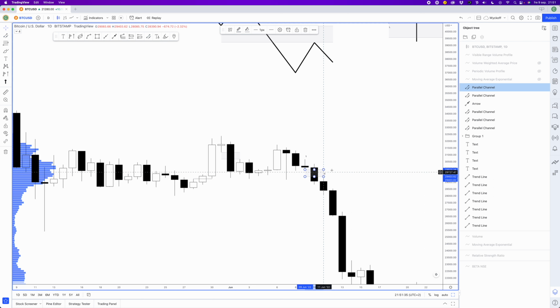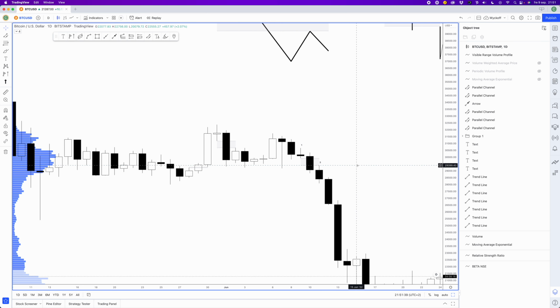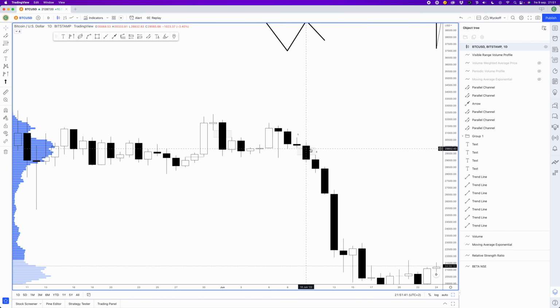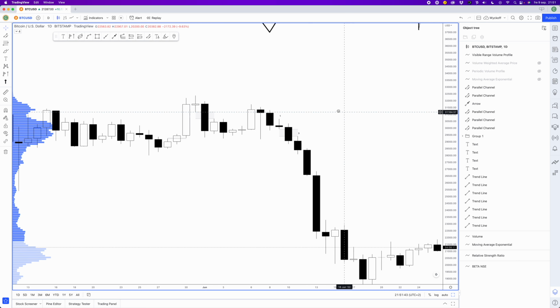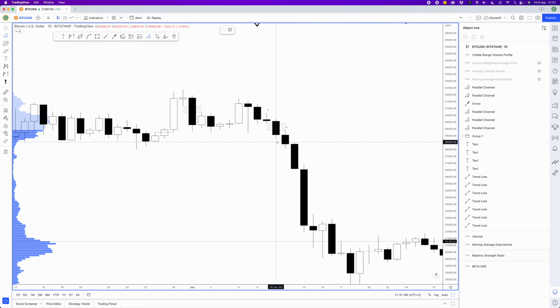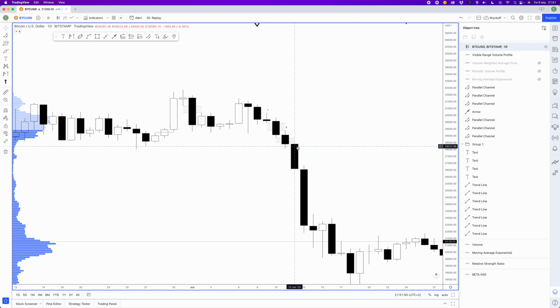So here we have the first negative momentum bar, the bearish momentum bar, momentum gap, sorry. And then we get another one. So we have now 2 consecutive momentum gaps to the downside. So that's a clue in and of itself.